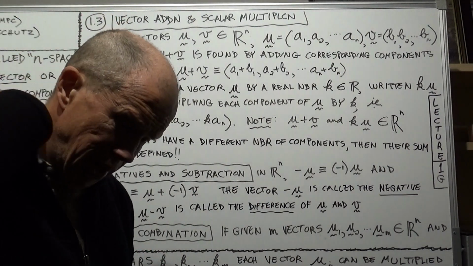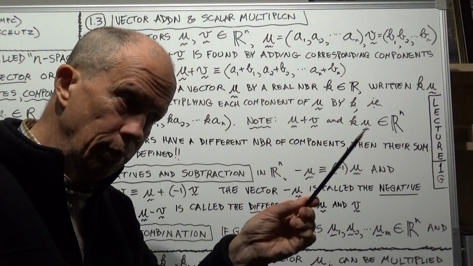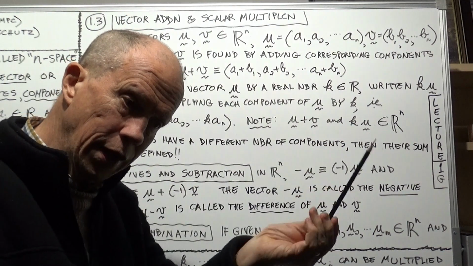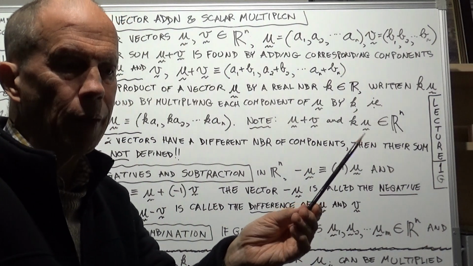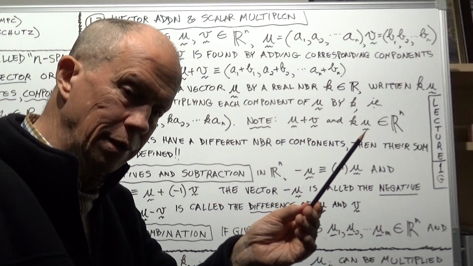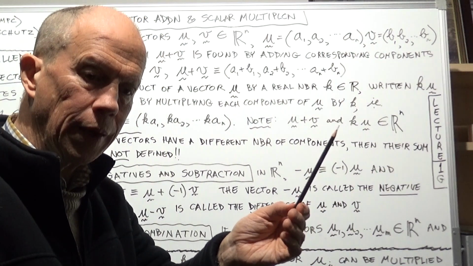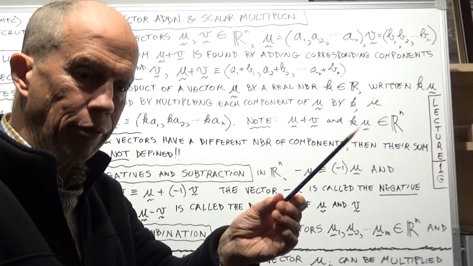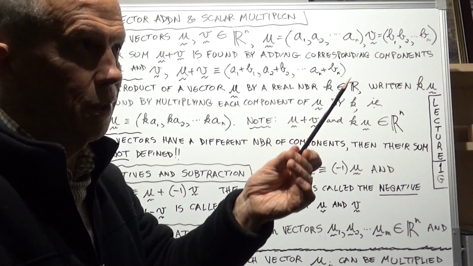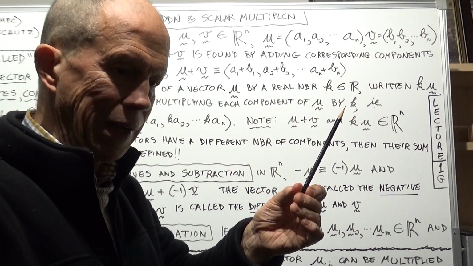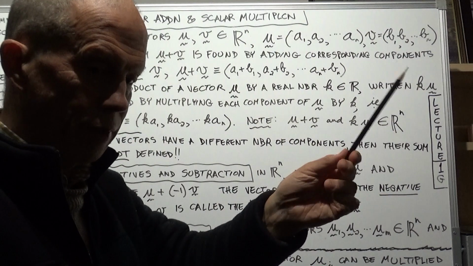Now, in terms of arrows, what would that mean? It means you're reversing the direction of the arrow. So if that's u, that's minus u. The size of the arrow is the same. If you're thinking of the physicist's vector, just think of it as essentially an arrow, where the length of the arrow represents the size of the physical quantity you're talking about, for example velocity or electric or magnetic field strength, and the direction.